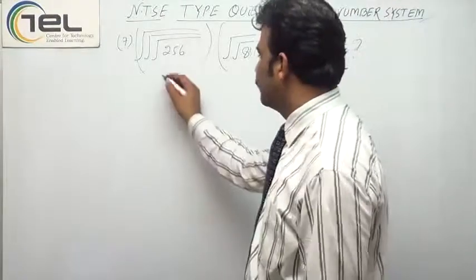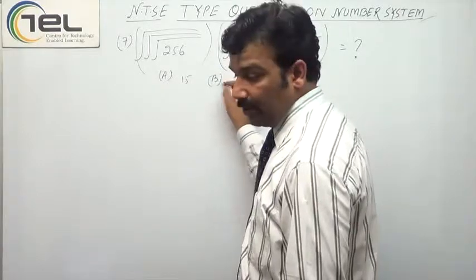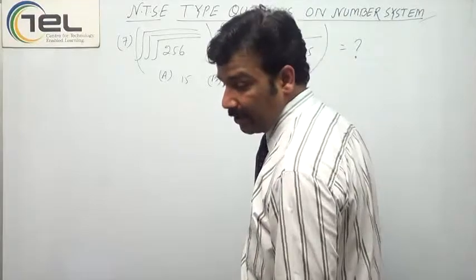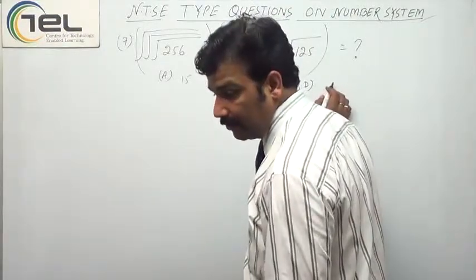Should I give options? Option A is 15, B is 60, C is 30, and D make it 42.